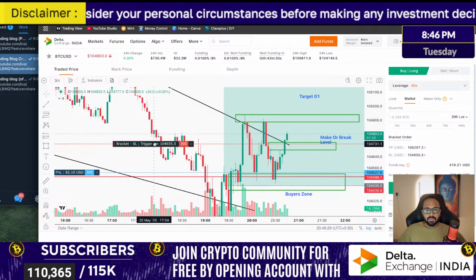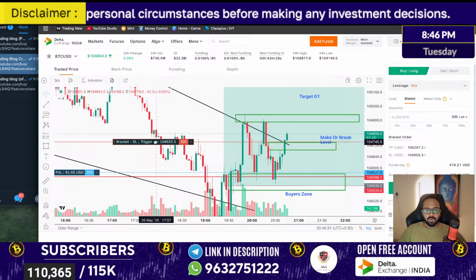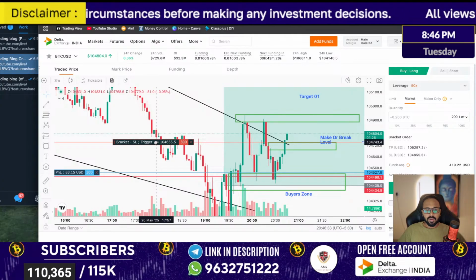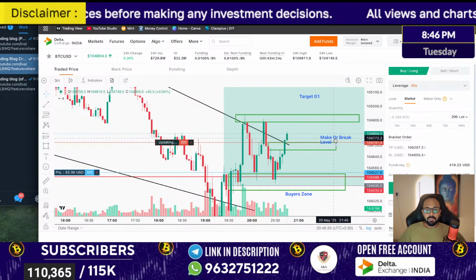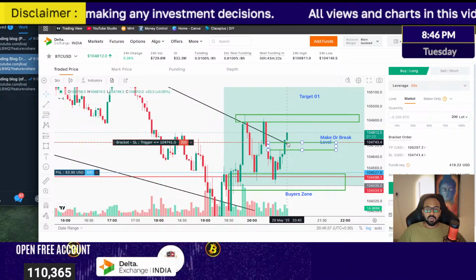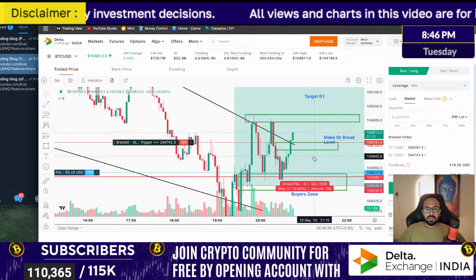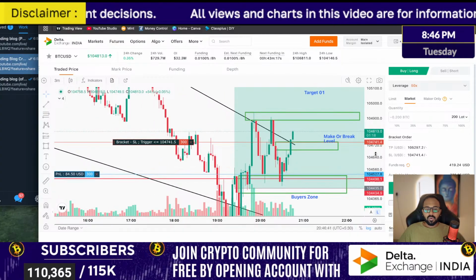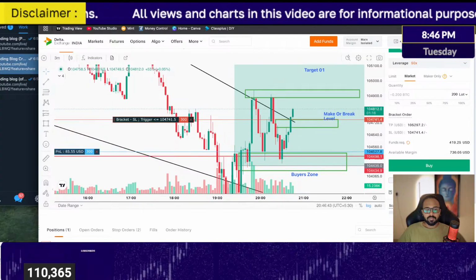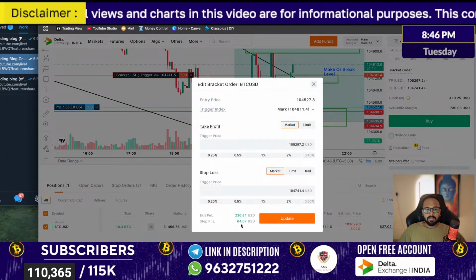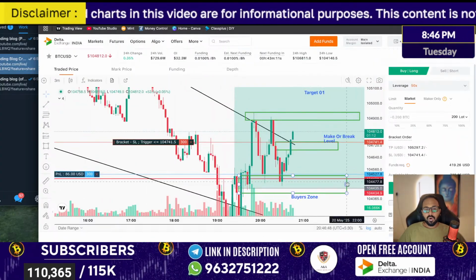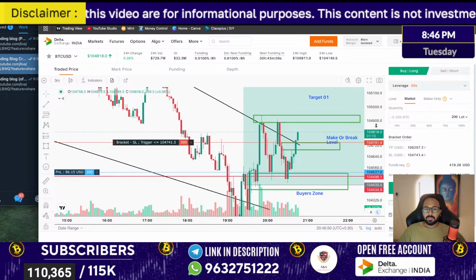What we will do is we'll take our stop loss and put it above this candle. Okay. Market is staying above make or break level. We'll take our stop loss to make or break level. From here, no need to trail. So in this case, what will happen? We'll make around $64 or $230.